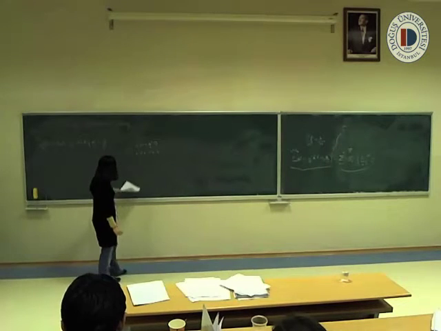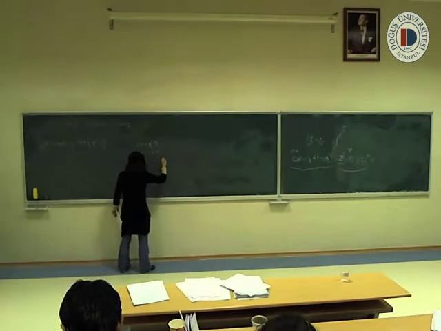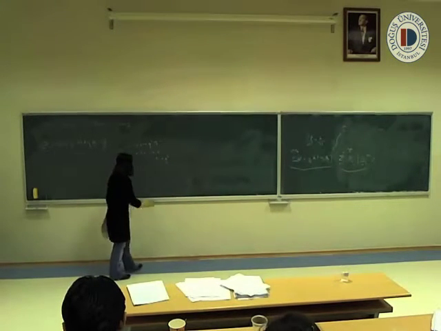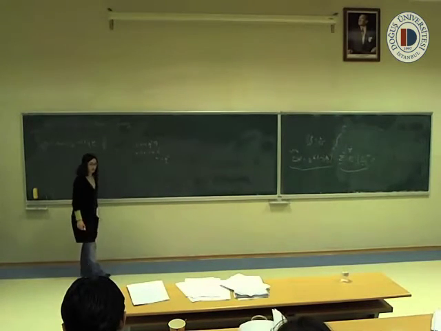Now these two objects, when u and a are big, they are simply related like that. But this is true only in a certain region of our moduli space.